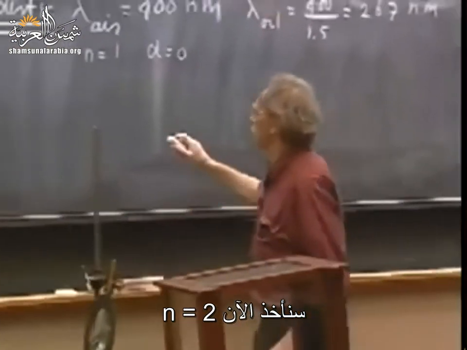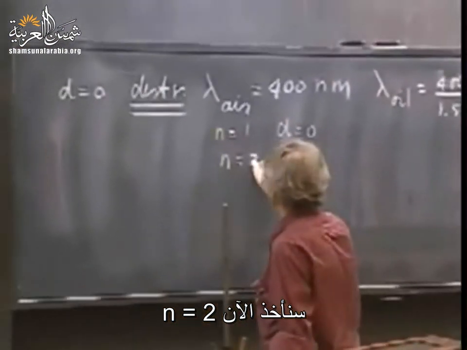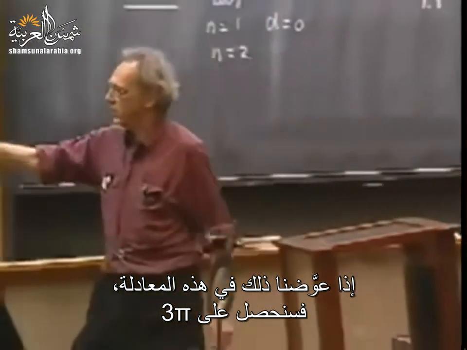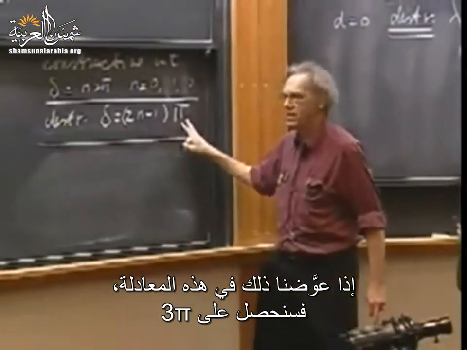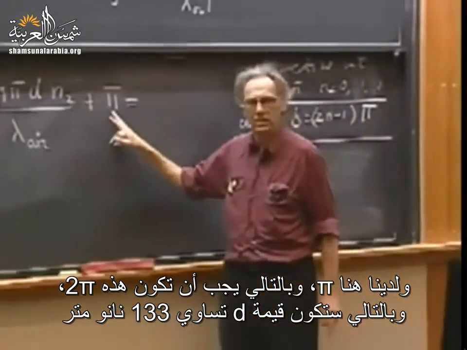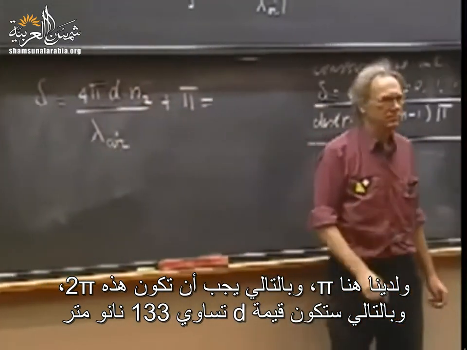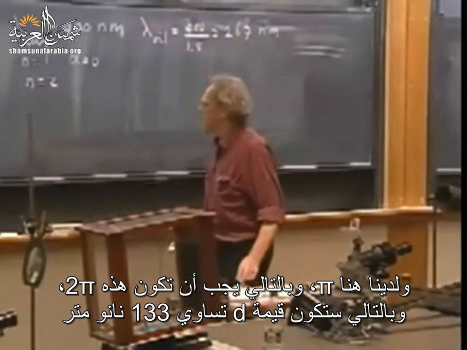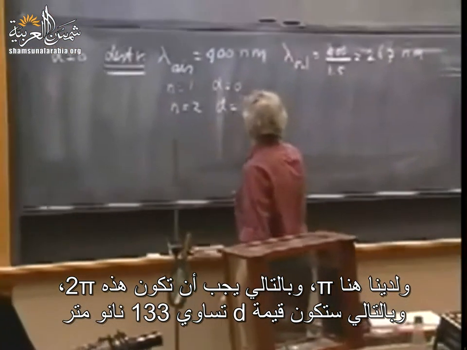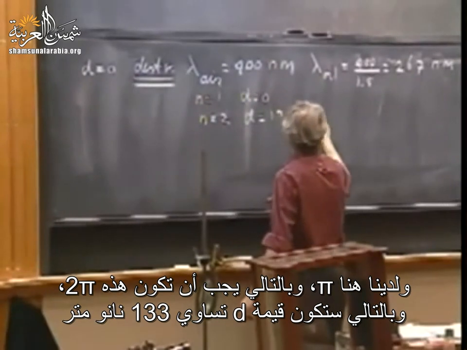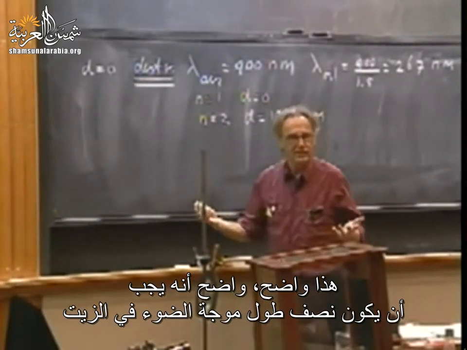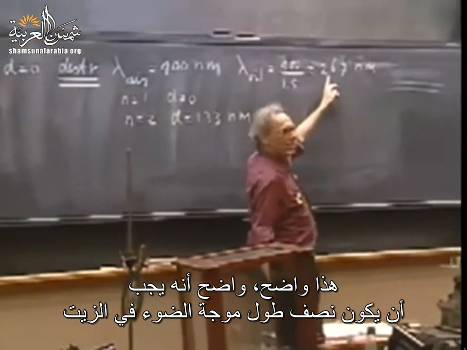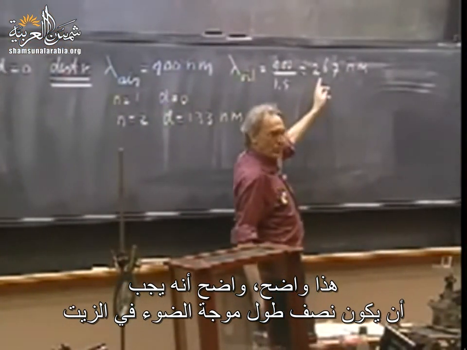So now we take n equals 2. And if you substitute for n equals 2 in this equation, you get 3 pi. And this is already pi, so this has to be 2 pi. And so if now you calculate what d is, you find that d is 133 nanometers. Well, that's obvious. It obviously must be half of the wavelength of the light in oil.